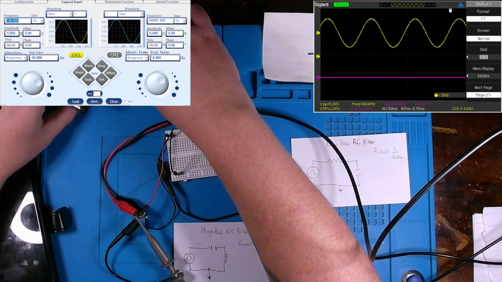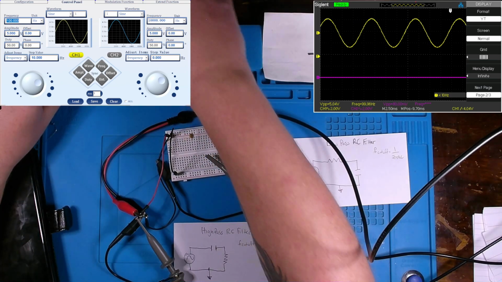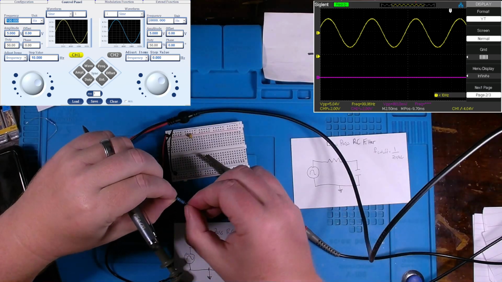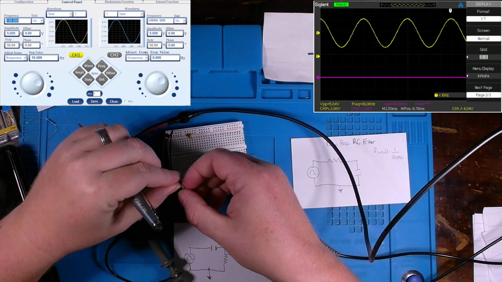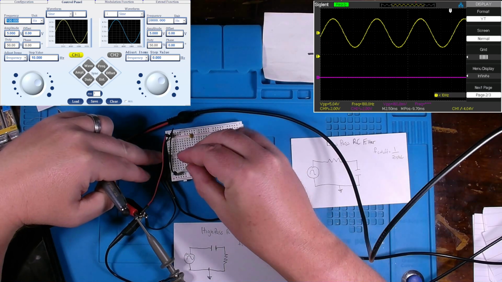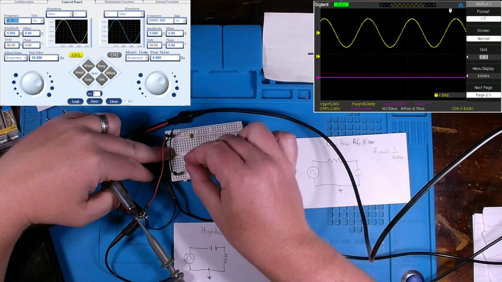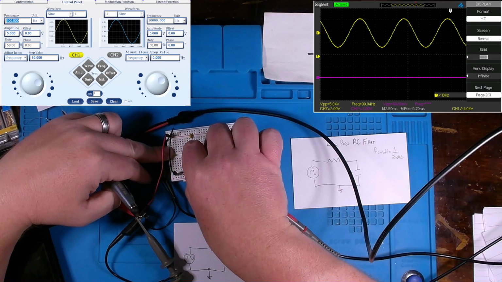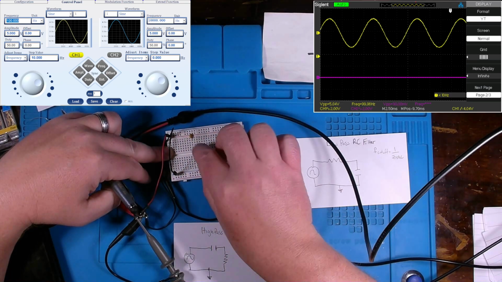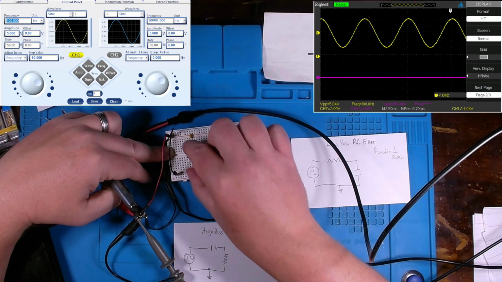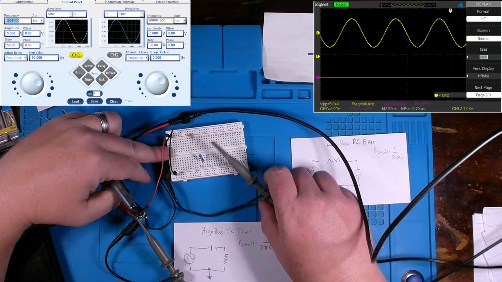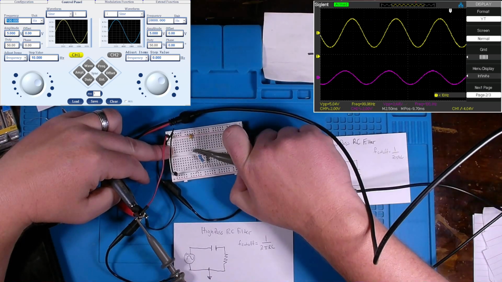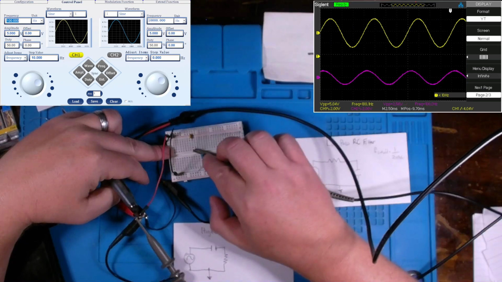Then I'm going to take a 100K half watt resistor and get this between ground and this point right here on my breadboard, and I should be able to measure this right here.